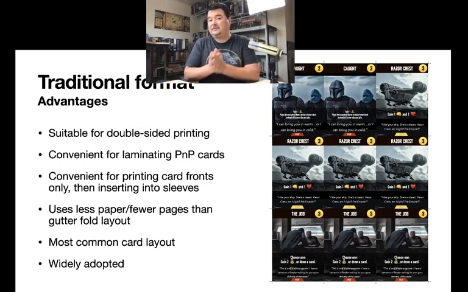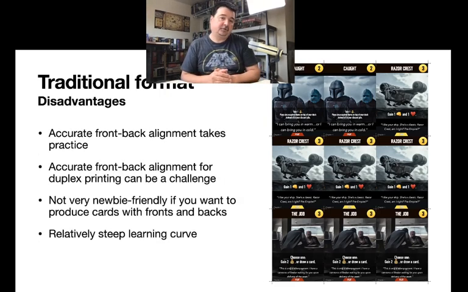Now let's talk about some of the disadvantages of the traditional format. It can be tricky to line up the fronts and the backs. If you're doing duplex printing, it can be virtually impossible, really tough, to get 100% front-back alignment. The reason for that is that home printers just weren't made for pixel-level alignment of fronts and backs.